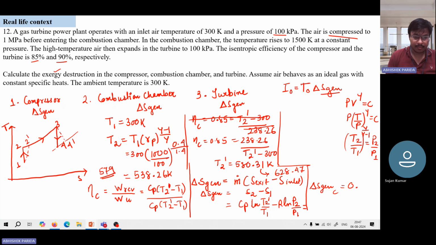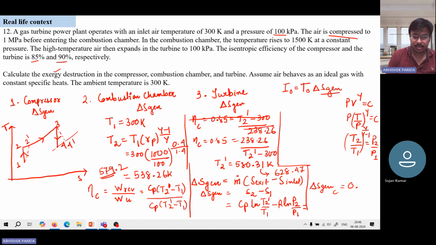This is 579.2 minus 300, that will be 0.85, plus 300 gives 628.48. Yeah, correct.